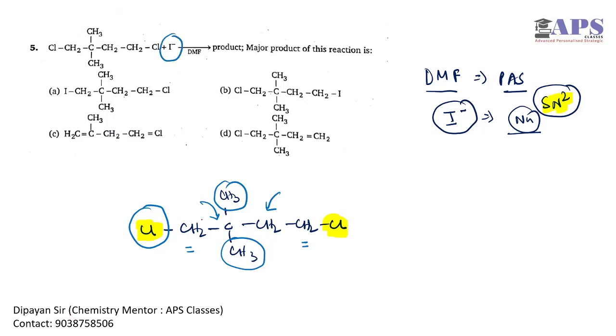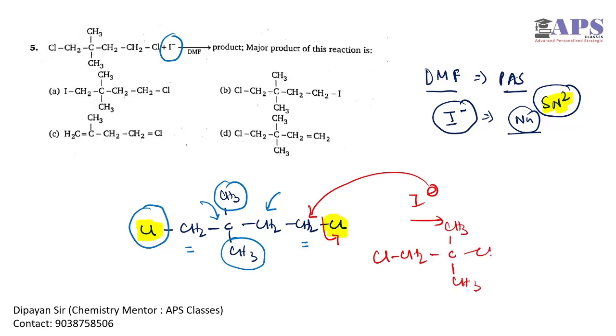So in this case, iodide nucleophile can easily approach this carbon and the right hand side chlorine will be substituted, and the final molecule will be CH3, CH3, CH2, I. Okay. So according to the problem, option B is the correct one.